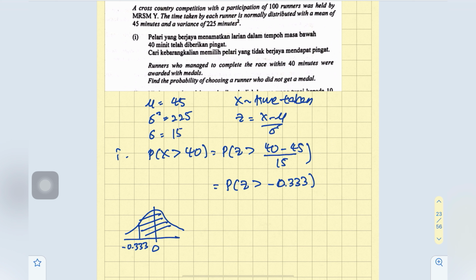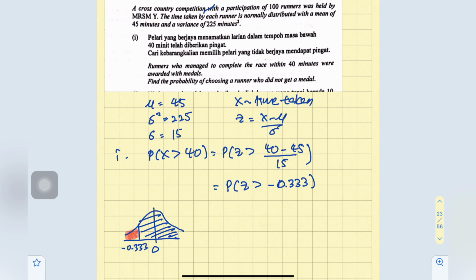More than, so it is this region. We have to look at the table. To find the shaded region, we know the total area is 1 minus Q(0.333). From the table, this is 0.3696. So the answer is 0.6304.